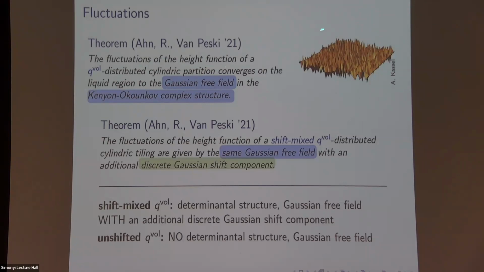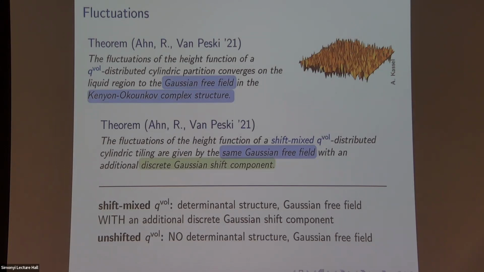So here is a picture of the Gaussian free field on a cylinder. You can see that here and there the boundary conditions are 0. You can't really see it, but you can believe me that the boundary conditions on these two sides of the square are such that you can glue it to a cylinder.